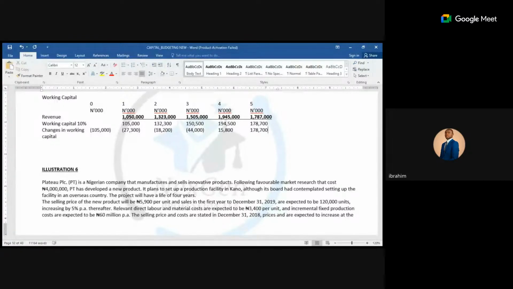There's no increase. Now, this 105 that you have here means that is what you use to start the project at year 0. Now, if you do 178,700 plus this, minus this, minus this, minus this, you should have 105,000. Did you have 105,000?